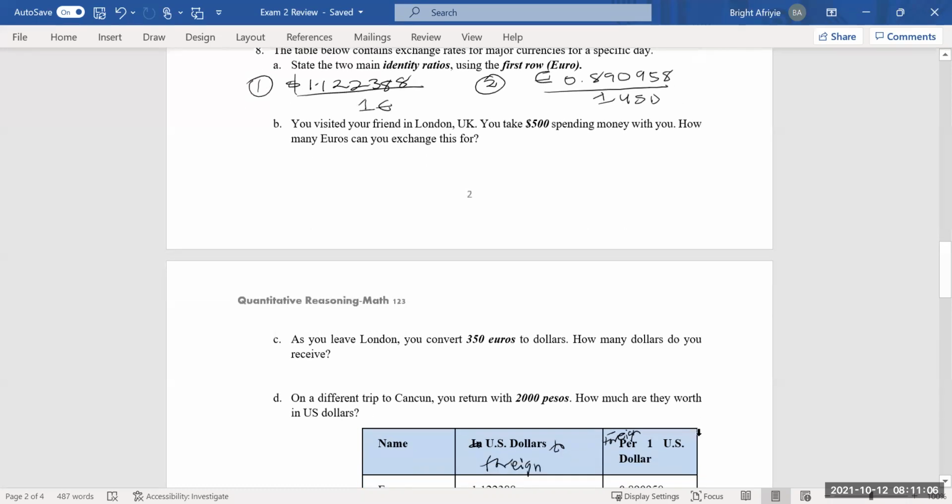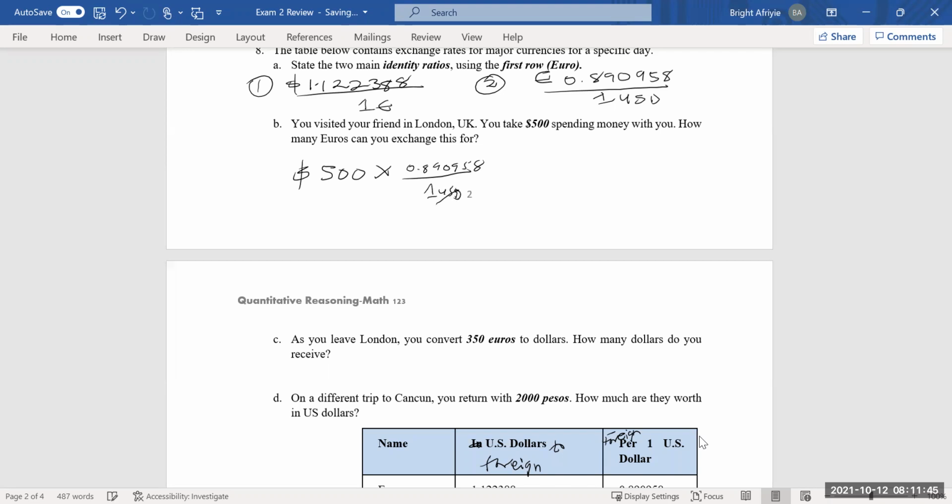Now for B, it says you visited your friend in London, and you take $500. You want to know how many euros that would be. You want to change $500 into euros. So what identity ratio are you going to use here? You really need to go with this one: 0.890958, and then you have your one USD right there.